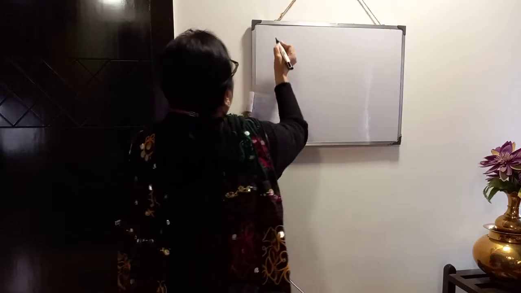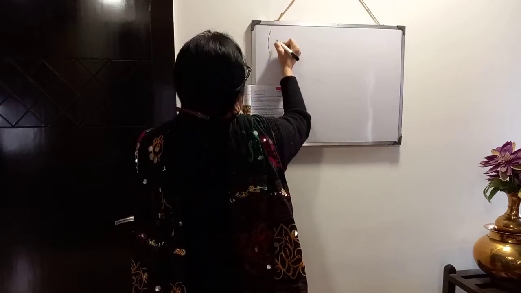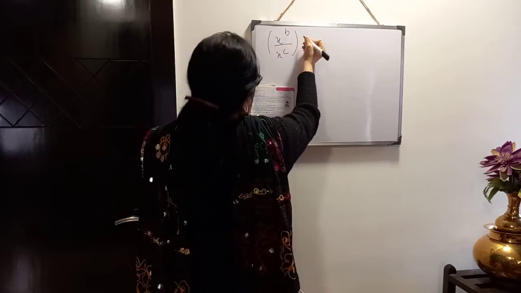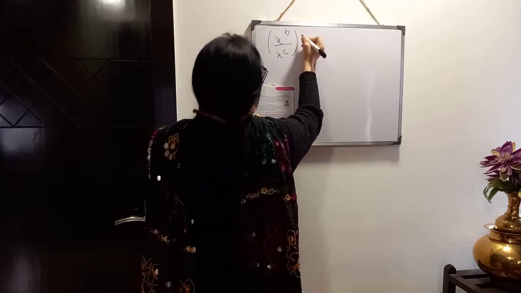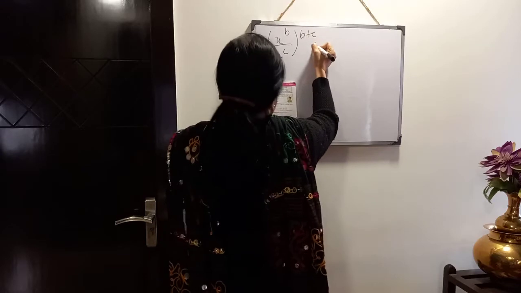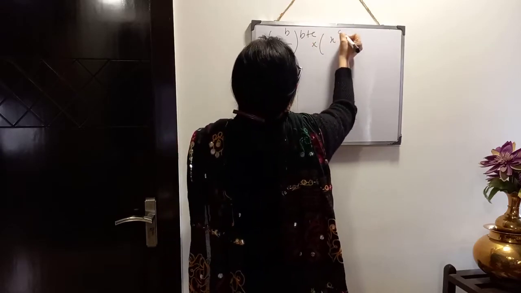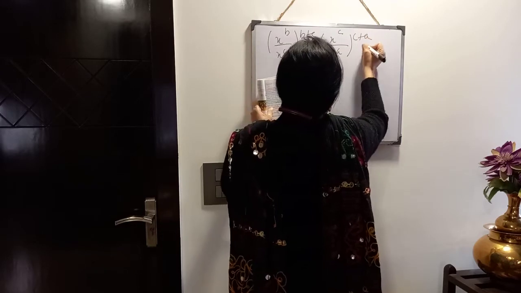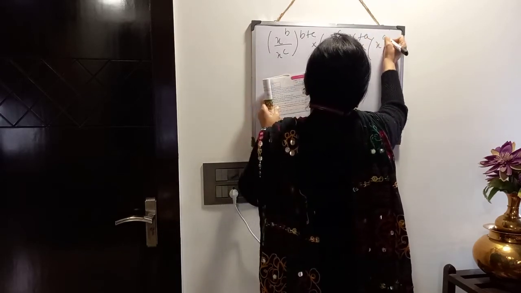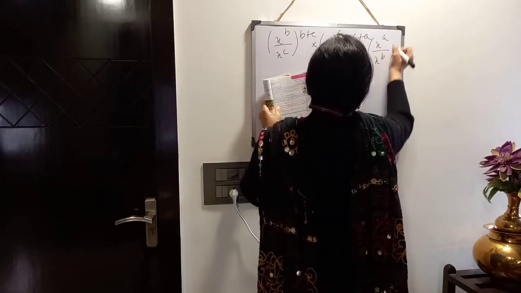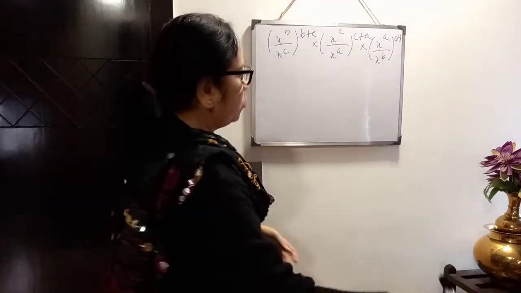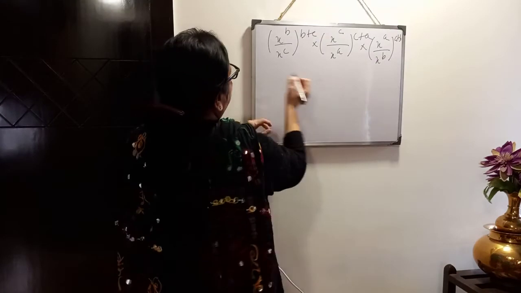This one. x to the power b by x to the power c into b plus c, into x to the power c by x to the power a into c plus a, into x to the power a by x to the power b into a plus b. Here also same rule we are applying in different sums.